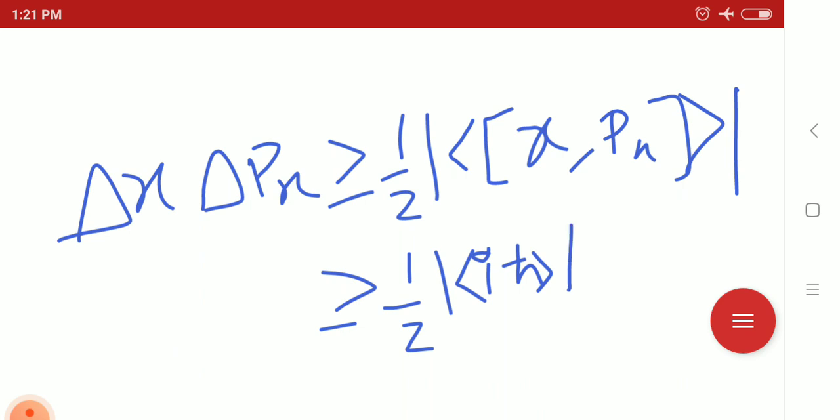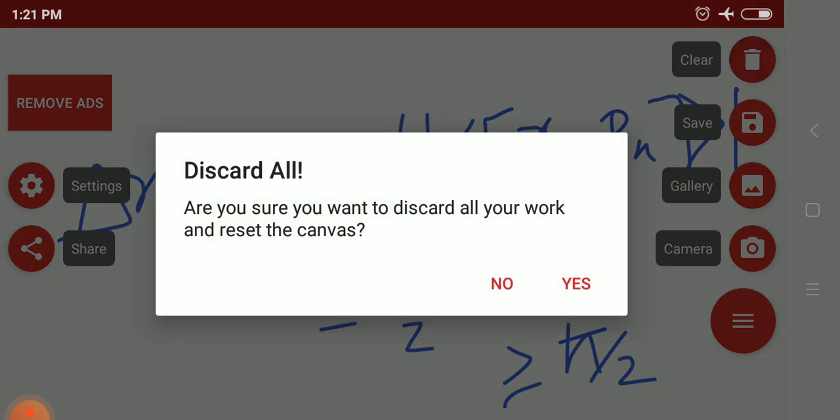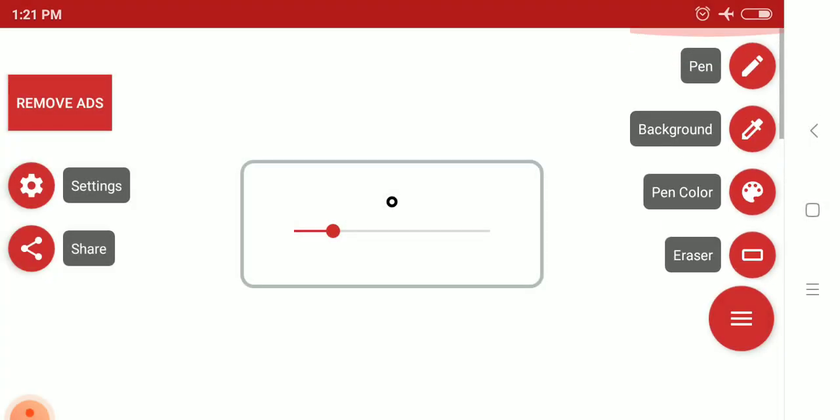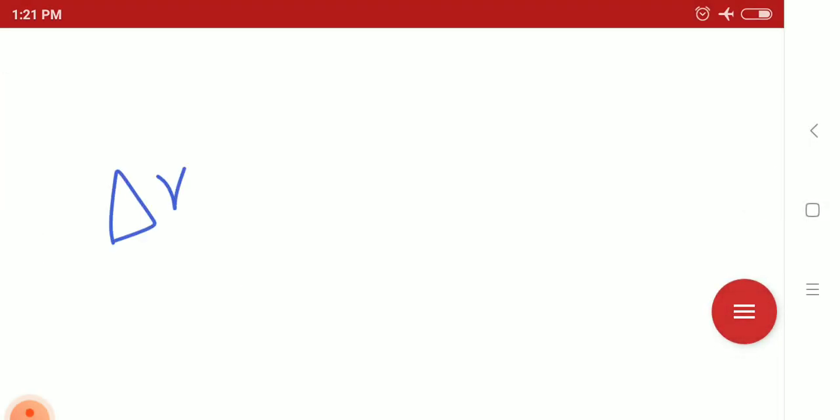Expectation of a constant is that constant value itself. And what is the mod of i? Mod of i is 1. So we can write greater than or equal to h cut by 2. So the relation between delta X and delta Px can be written as greater than or equal to h cut by 2.